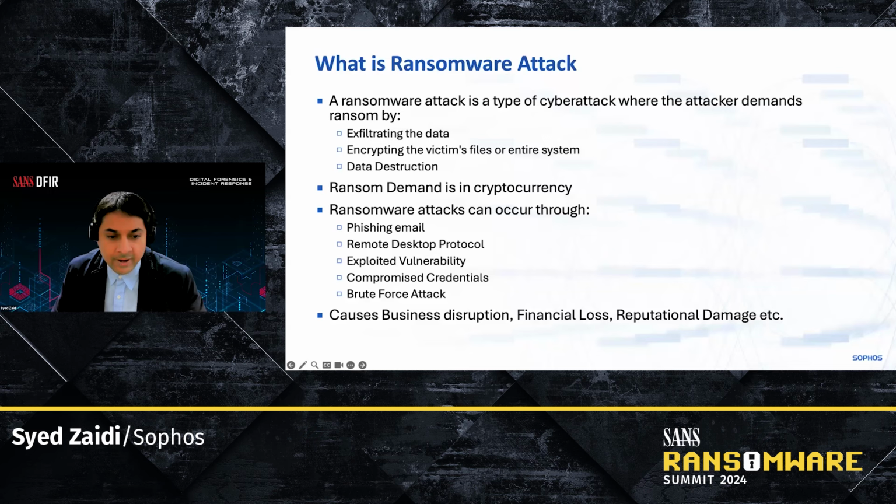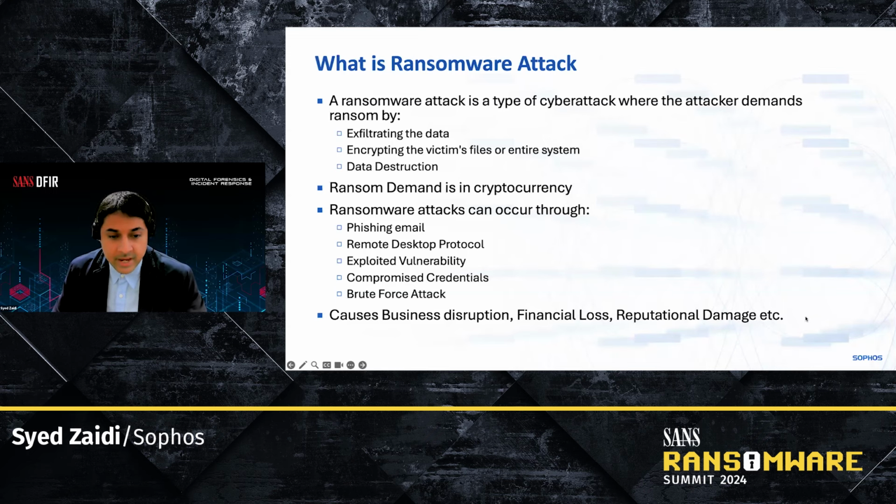And the most important thing is how they are coming into your network, because that's something you need to figure out and work on. For example, phishing emails, remote desktop protocol, vulnerability exploitation, compromised credentials, and brute force attacks. Why are we discussing this? Because these kinds of attacks cause a lot of disruption in business, as well as damage to business reputation and financial losses.